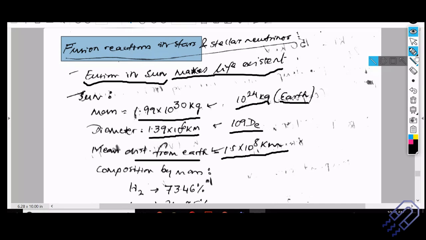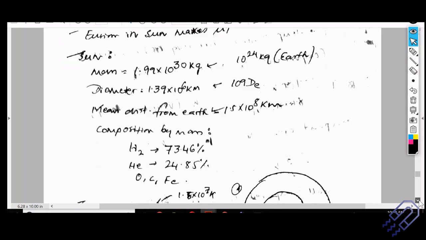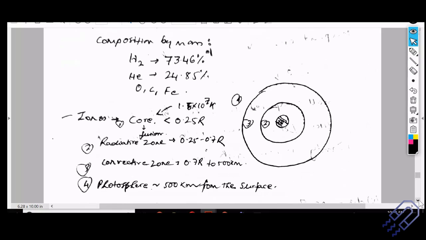If you look into the composition of the Sun, I think this is something which you already know. Please pardon my handwriting, just listen to what I say. You have the hydrogen, which is almost 73.46%.